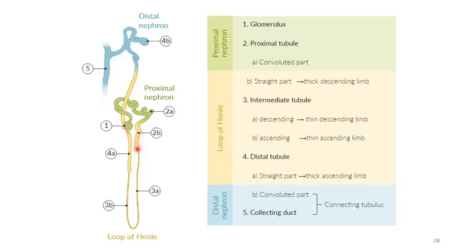After that, the intermediate tubules, including the thin descending limb and thin ascending limb of the loop of Henle. After that, the thick ascending limb of the loop of Henle, sometimes known as the straight part of the distal tubule, and then the distal convoluted tubule, connected with the collecting tubule, and finally the collecting duct.